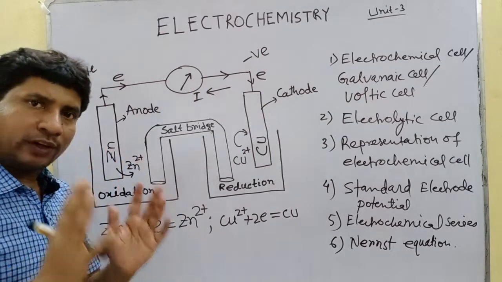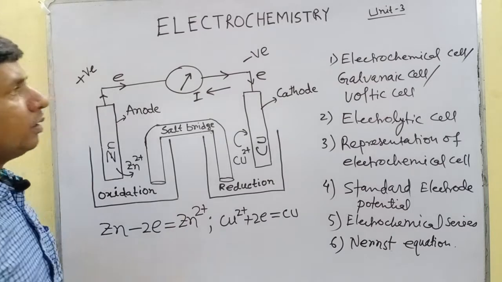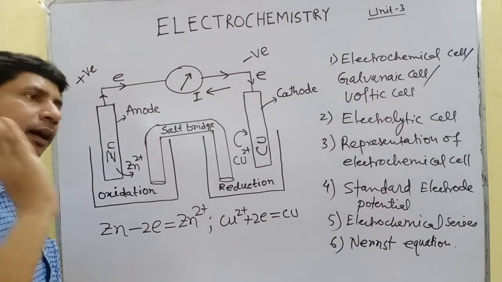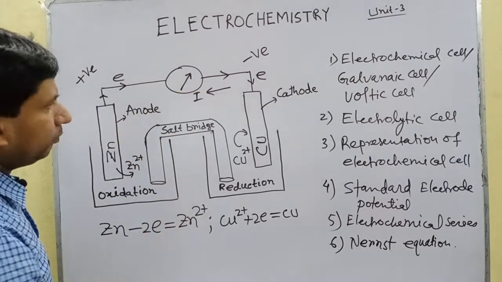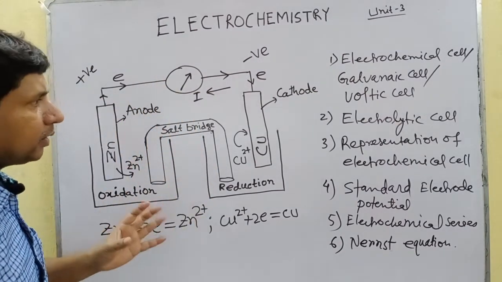There are two types of cell: one is the electrolytic cell and another is the electrochemical cell. At first we will discuss the electrochemical cell.